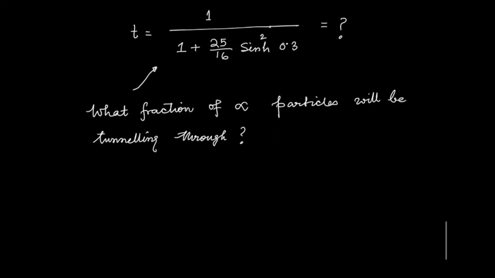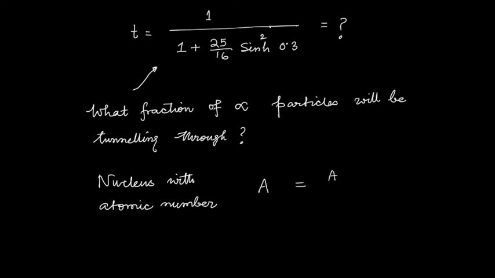Okay, so now let us say that we have a nucleus which has atomic number A. That means that it has A protons plus neutrons. So it has A nucleons, essentially, A number of nucleons.